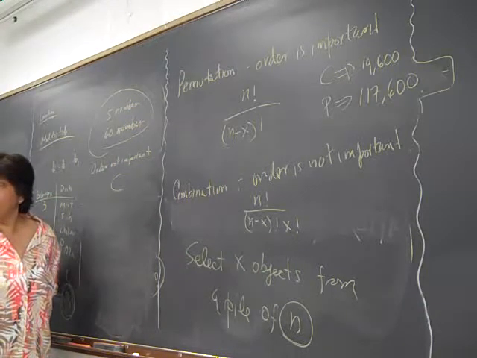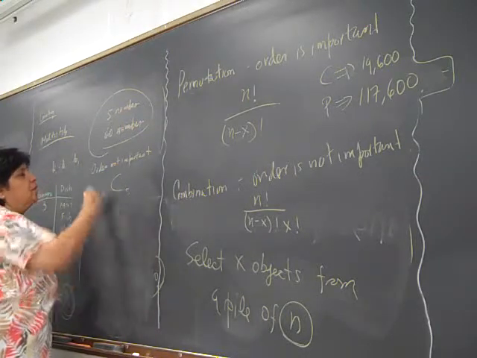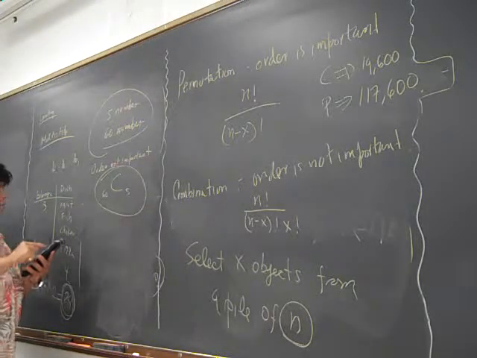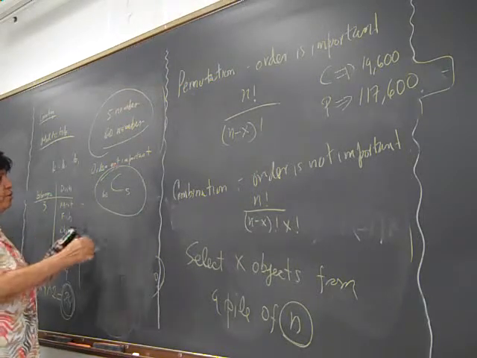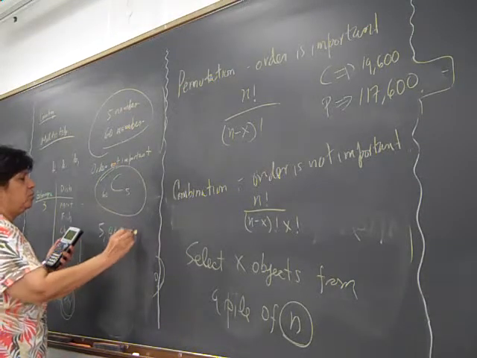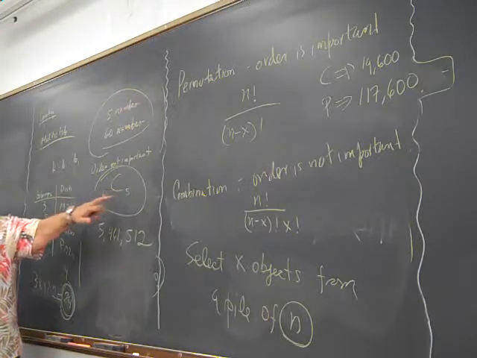So I'm going to select 5 from 60 numbers. We say 60 combinations, we have to select 5. Oh my God. This is 5,461,512. These are the combinations of selecting 5 numbers out of 60.